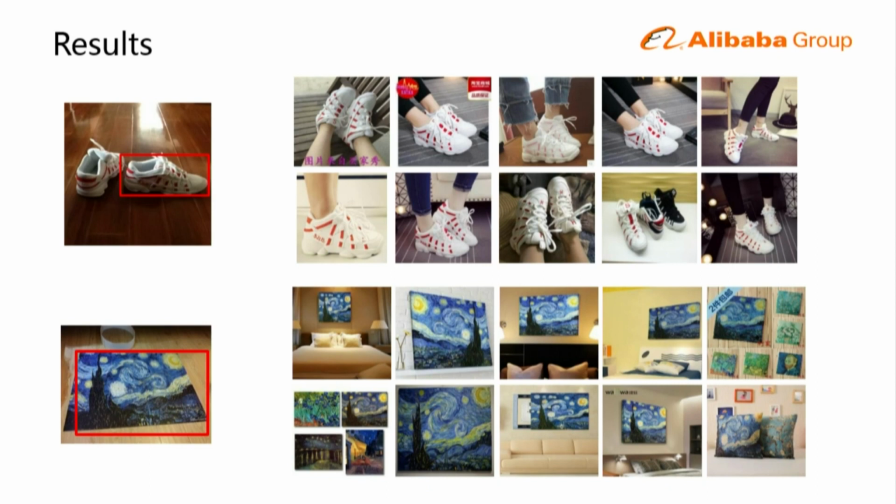In our application, the user simply needs to capture one image without additional operations. The algorithm will identify the product automatically and then return similar or identical results, as shown in the right figures. We can see the results for shoes, drawings, furniture, and decoration toys.